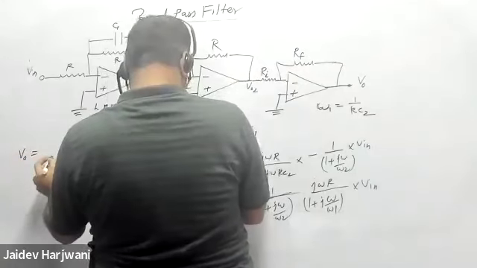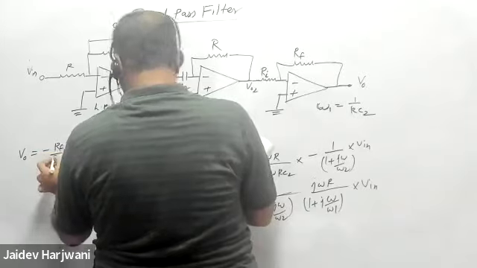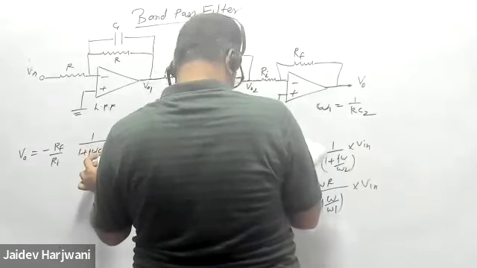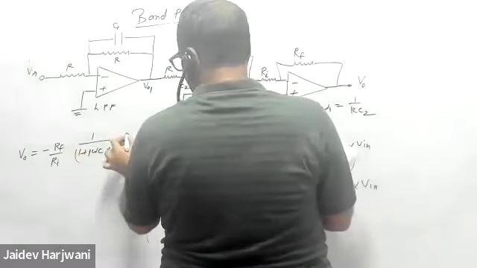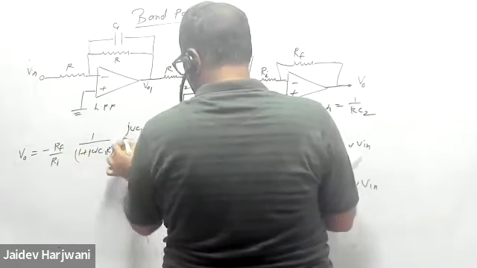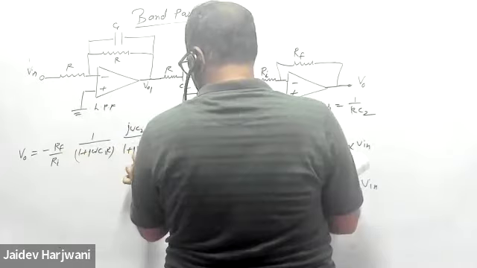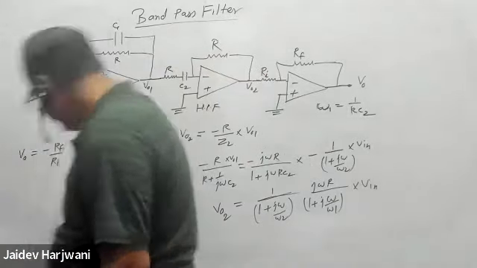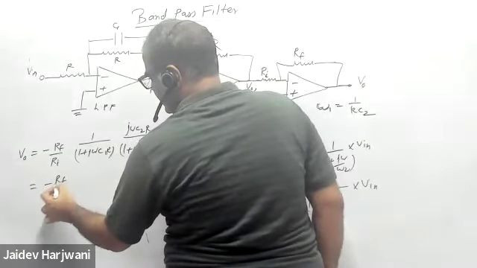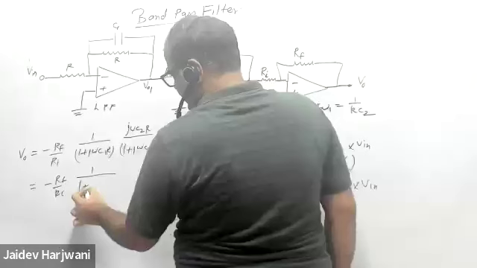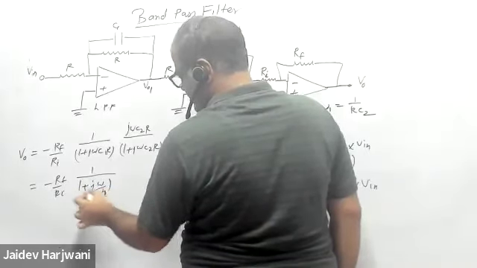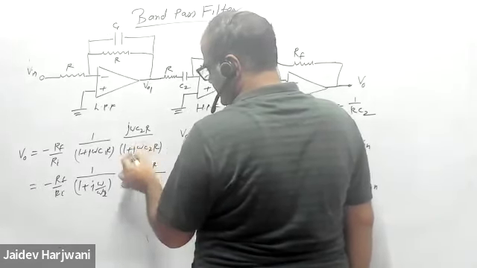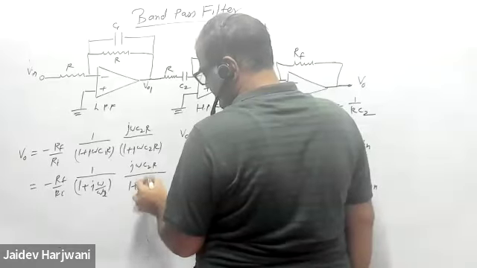V naught will be, say, minus RF by RI, 1 upon 1 plus j omega C1R, j omega C2R upon 1 plus j omega C2R, or this will be minus RF upon RI, 1 over 1 plus j omega by omega 2, and j omega C2R upon 1 plus omega by omega 1, where C2R is 1 by omega 1.